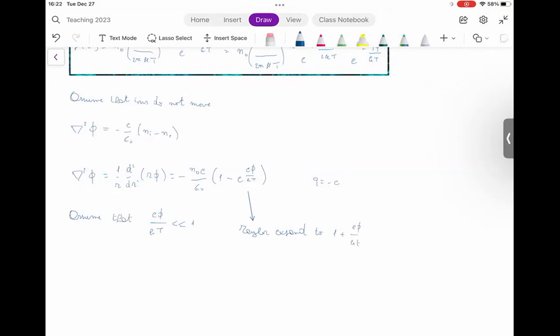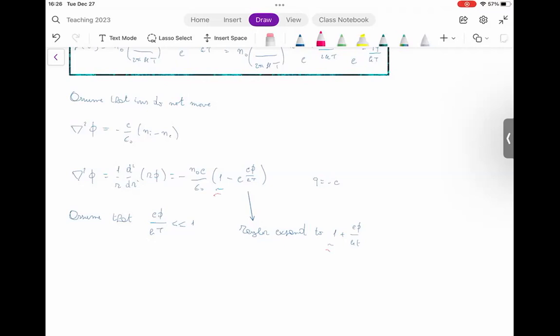Then you put all the pieces together. This one and this one cancel. And I'm going to end up with an expression that is now going to be linear in phi.